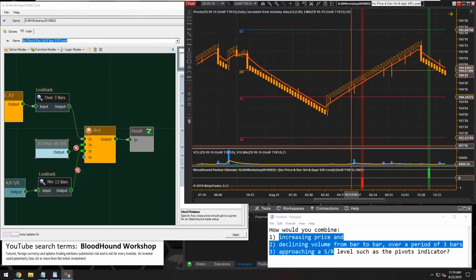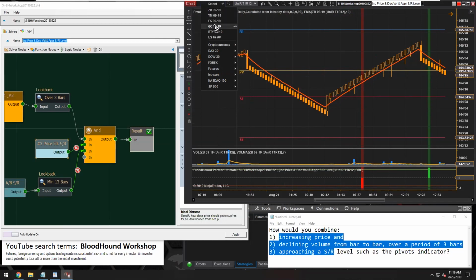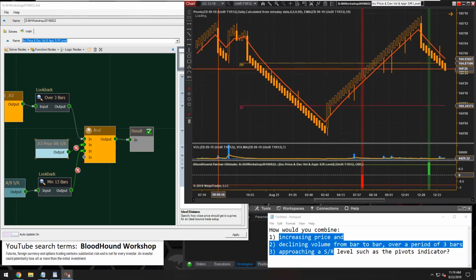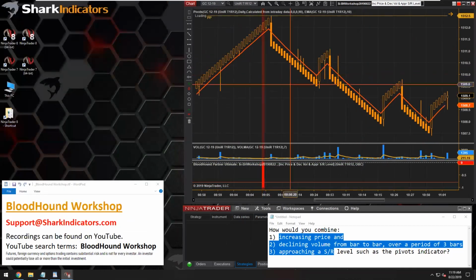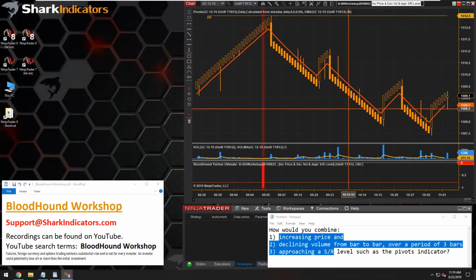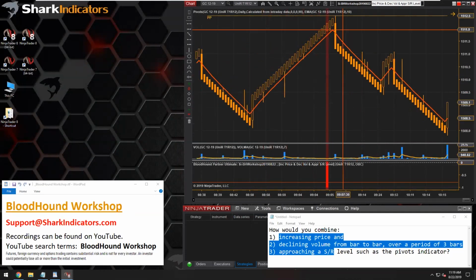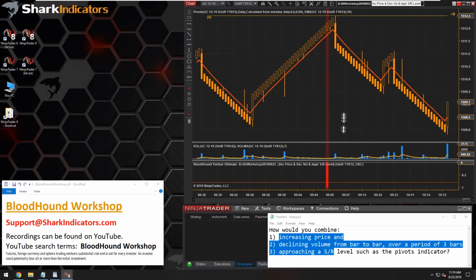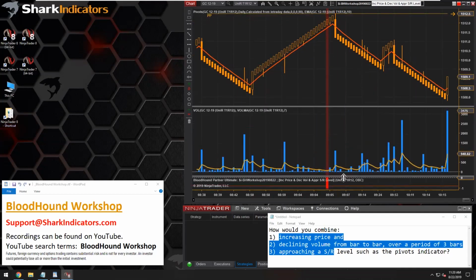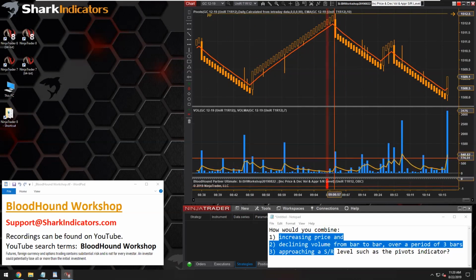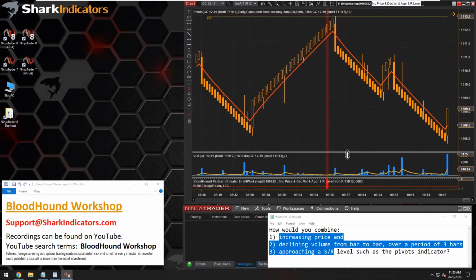All right, let's try this on some other more liquid instruments. So I'll switch over to gold, and let's see if we have anything on gold. So yeah, there we go. There's kind of an ideal situation. Well, it was until volume started to increase.